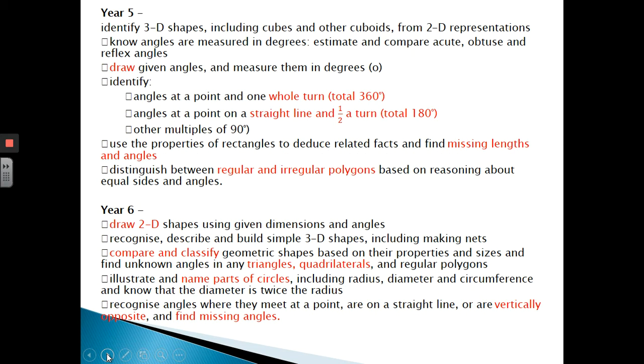And here is a brief breakdown of Year 5 and Year 6, and you can see the transition into drawing angles. There's a greater focus on angles later on, and in Year 6 looking into different types of triangles and quadrilaterals, and then finding missing angles, looking at different rules in relation to geometric shapes and applying them.